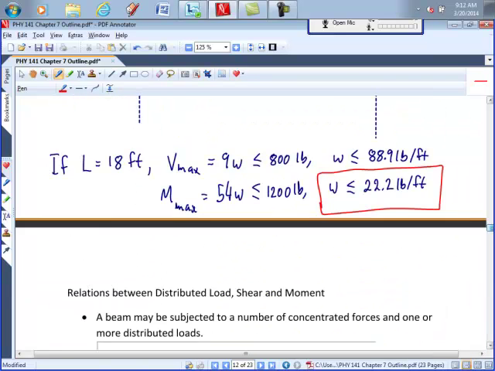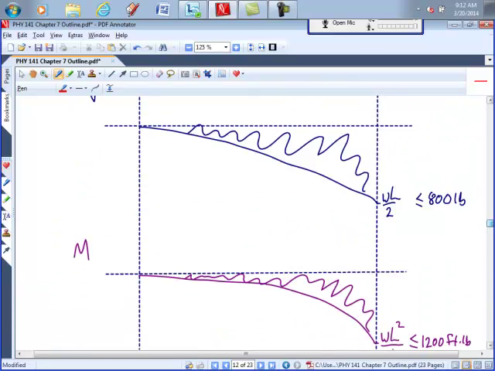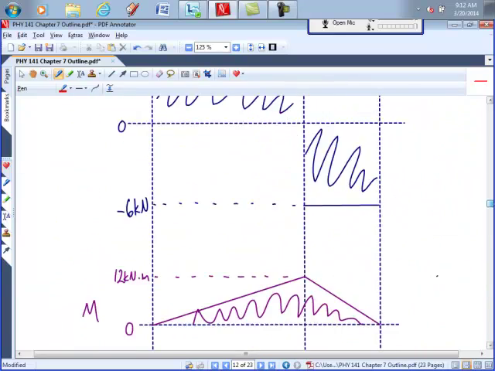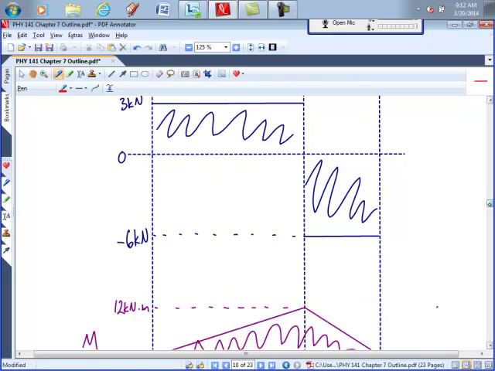All right, so you may have noticed in both of the cases that we've done here, there's a similar relationship between the shear diagram and the moment diagram. In the first case, we went from two constant functions to two straight line functions.